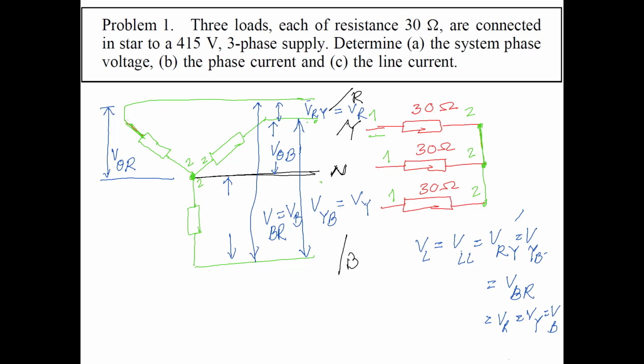So then this one would be the Y quantity, so theta Y, because this is Y. And this one would be B theta, related to B. So either we follow ABC phase or RYB, and you have to follow any one. The standard is RYB, which is very much standard, so everywhere you will find this.